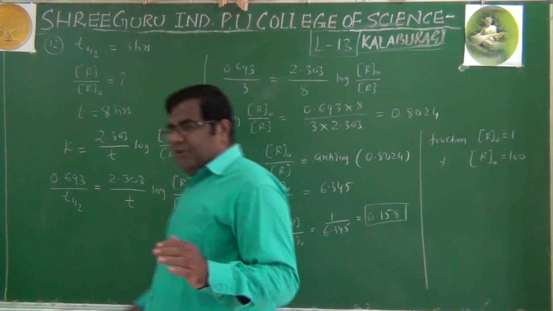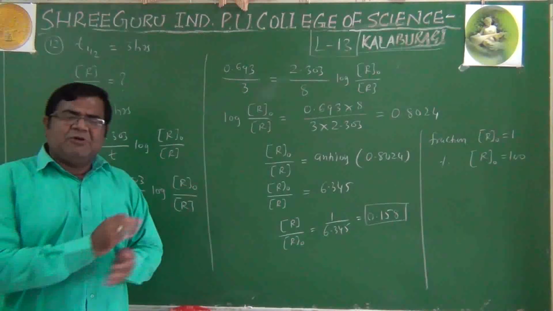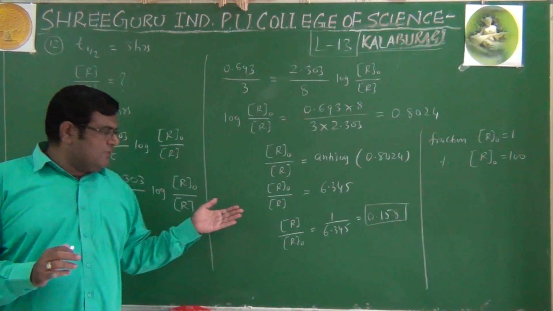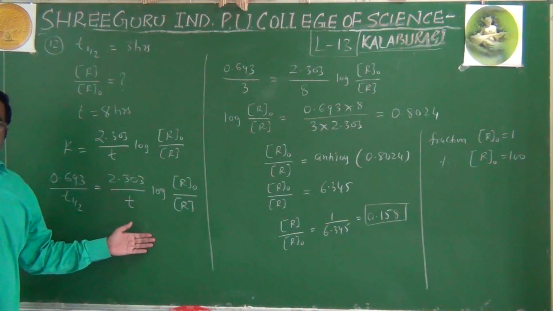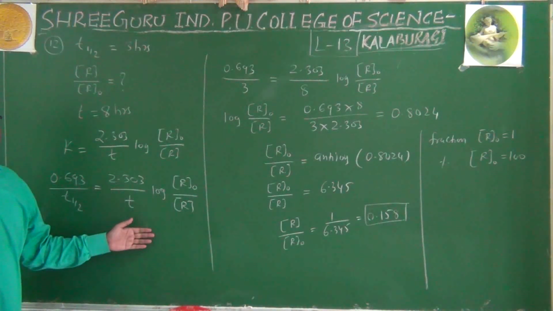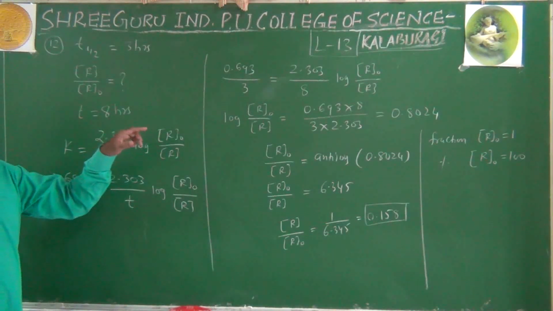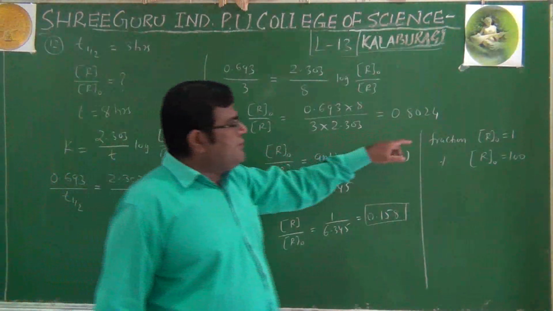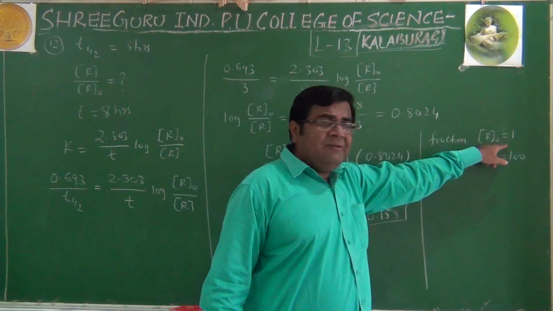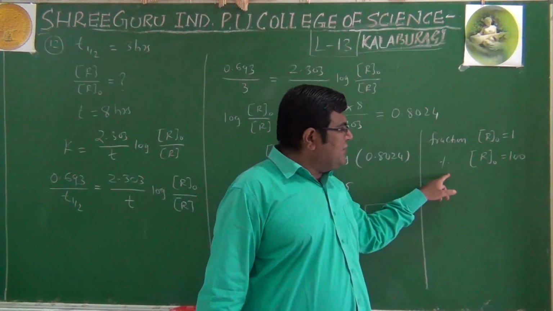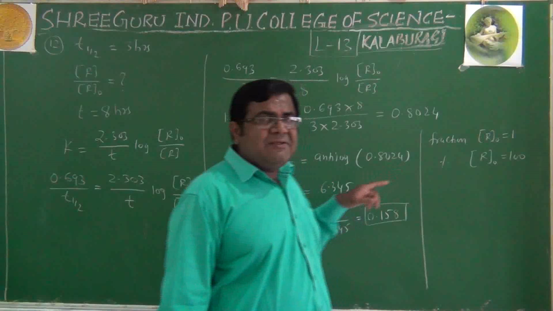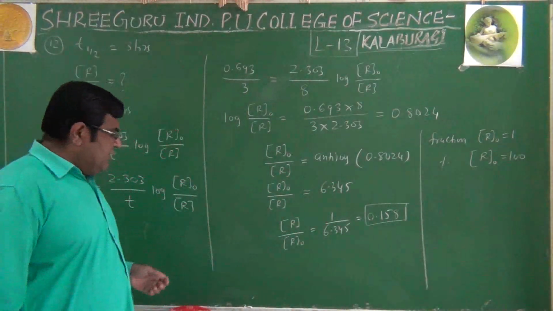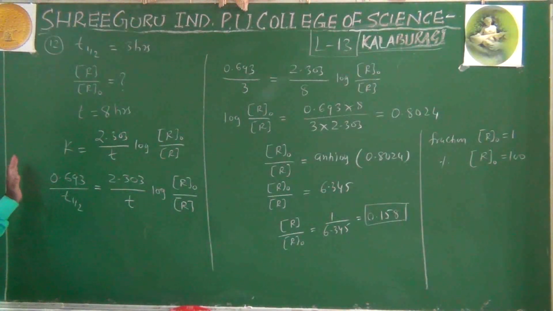We have to read the question, because in some questions they are talking about fractions, in some questions they are talking about percentage. So when they use the word fraction, the initial molar concentration should be taken as 1, and when they use the word percentage, initial molar concentration should be taken as 100, because percent means 100. So it was the usual question, only thing is that we are calculating a fraction here. So this is question number 12.